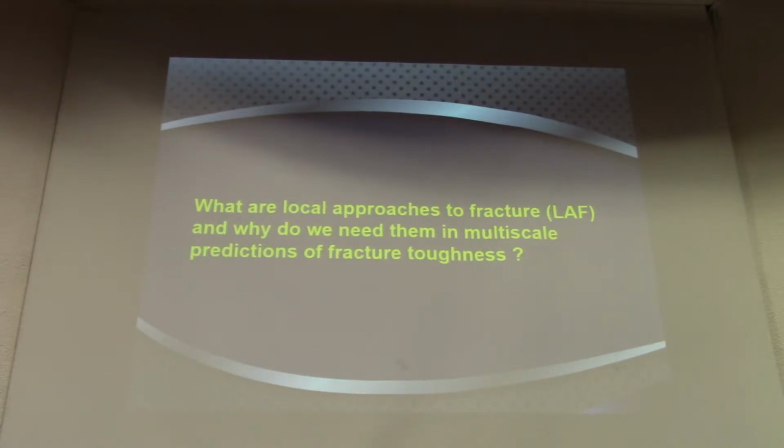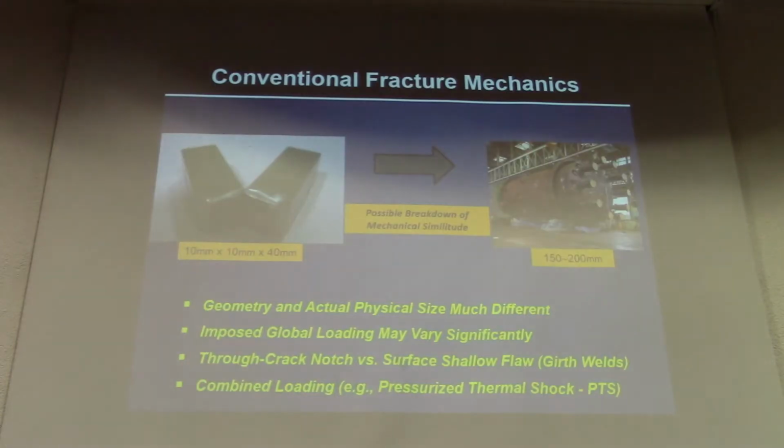So why do we need local approach in multi-scale predictions of fracture toughness? Essentially, that's because of the breakdown in mechanical similitude between small specimens and large specimens. For example, here we have a nuclear reactor pressure vessel. The wall thickness is usually 150, 200 millimeters.